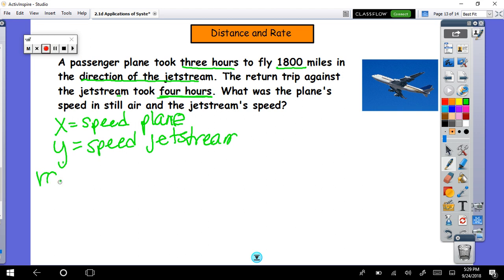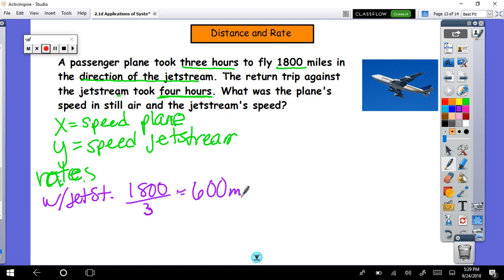Y is the speed of the jet stream, or the air, or the wind. I'm going to figure out my rates. So when I went with the direction of the jet stream, so with the wind, I did 1,800 miles in 3 hours. 18 divided by 3 is 6, so it's going to be 600 miles per hour.